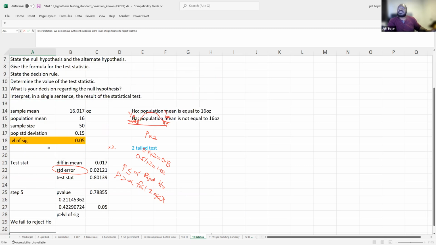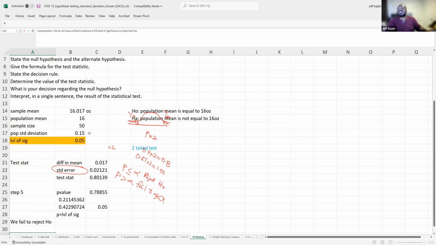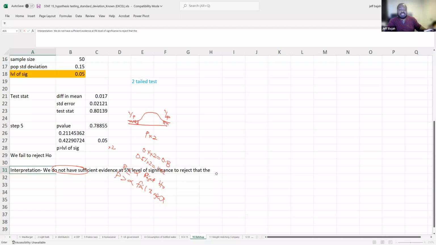Let's go back to the claim. The claim, what I told you, is that the evidence suggests the mean amount dispensed is different from 16. So we don't have enough evidence to reject that the mean amount dispensed is different from 16.